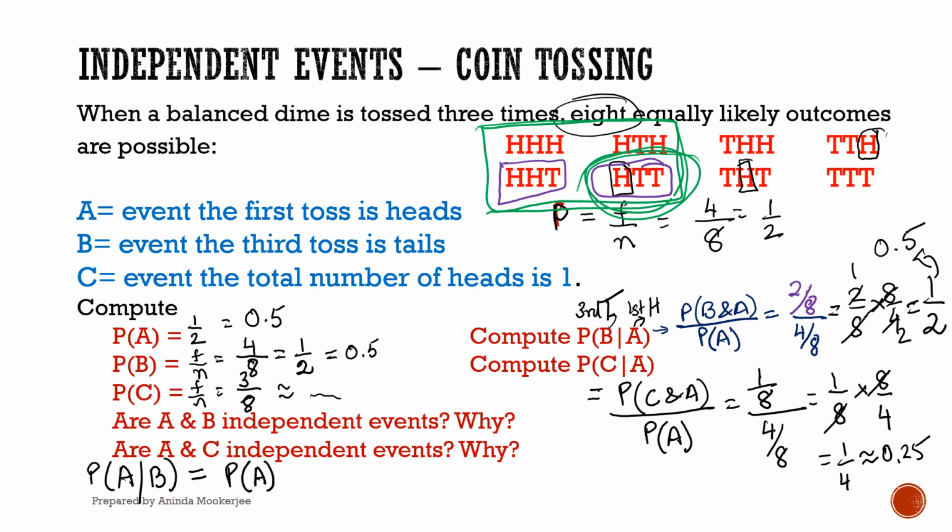We have to find the conditional probability first. Probability of A we know is 1/2. So if probability of A given B is also 1/2, then we can say they are independent events. Otherwise, they are not. So let's calculate probability of A given B.